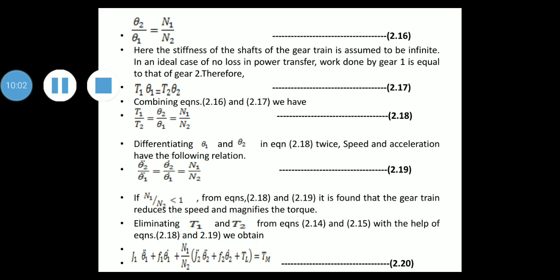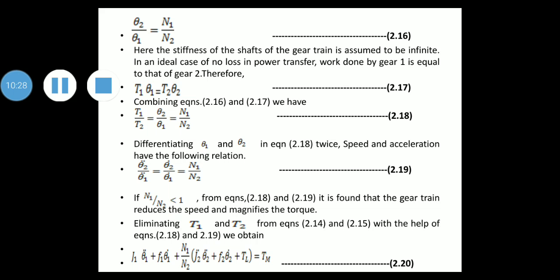If N1 by N2 is less than 1, then from equations 2.18 and 2.19, it is found that the gear train reduces the speed and magnifies the torque.